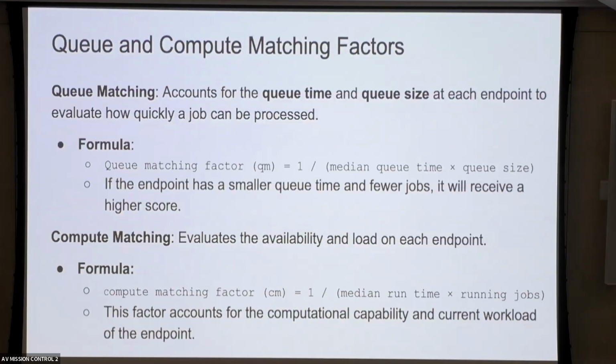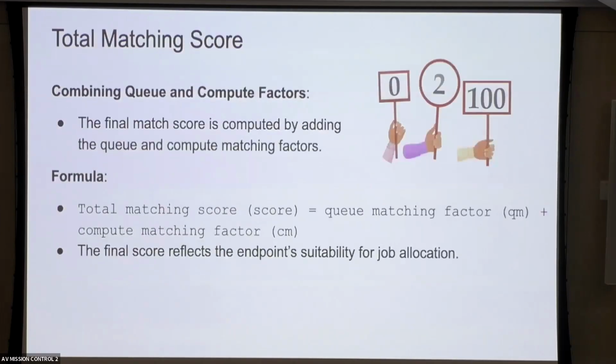For this matching score, we want to account for the queue size. So this is the queue matching factor, which is the median queue time times the queue size. And then the compute matching factor, which is the same for the running jobs, and then we just combine them really easily. That is our total matching score of a destination to a specific job.